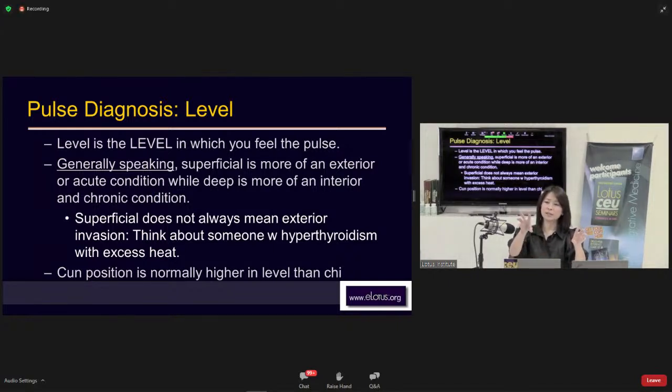Or if you're finding the Ci position at the superficial level, something's wrong. They should be in their home position. That's what we call a normal pulse. Chun is always more superficial, Guan is mid-level, and Ci is deep level. And that has to do with the anatomy of the hand too. If you look at the anatomy, the Chun position is just higher, right? So naturally it's like that.